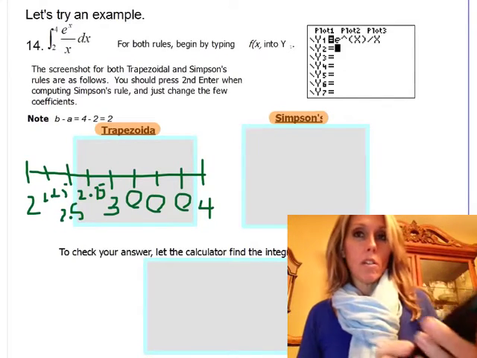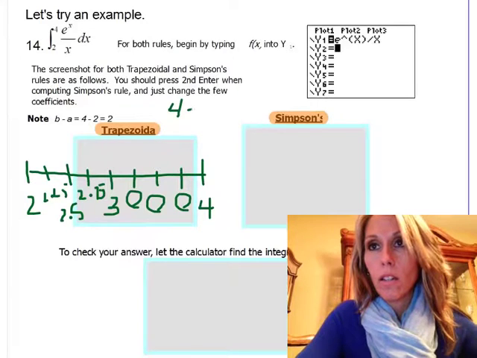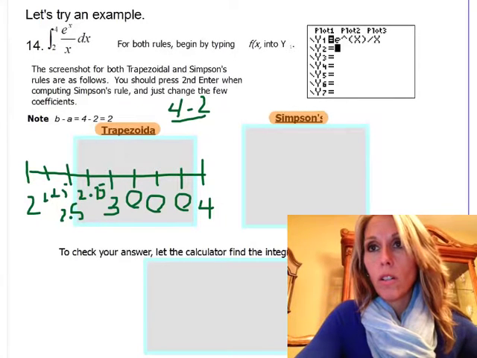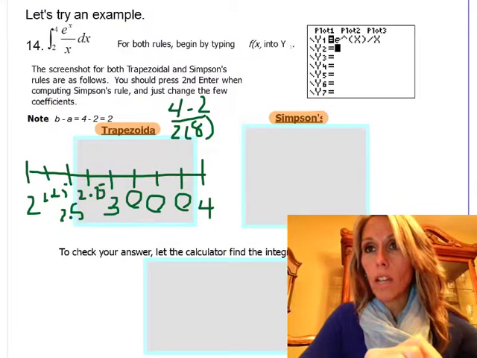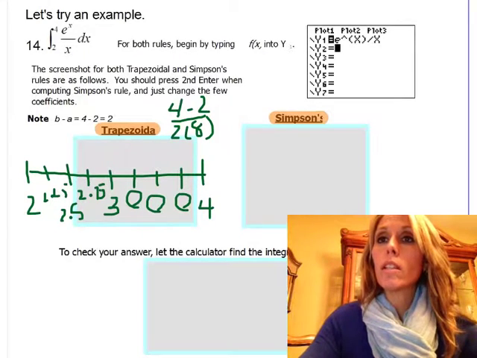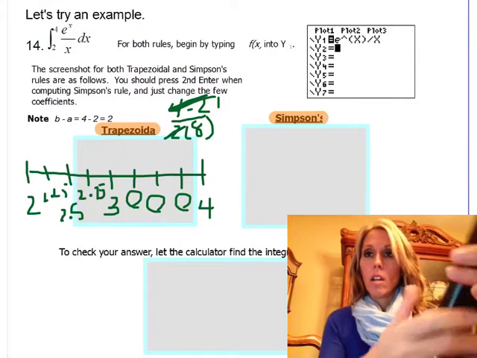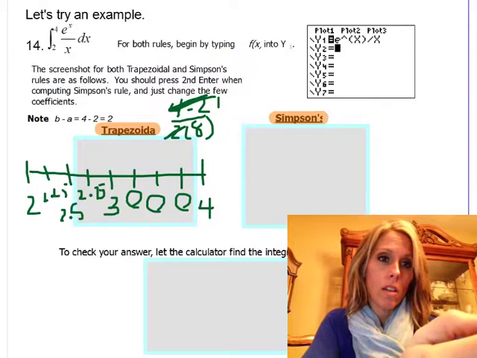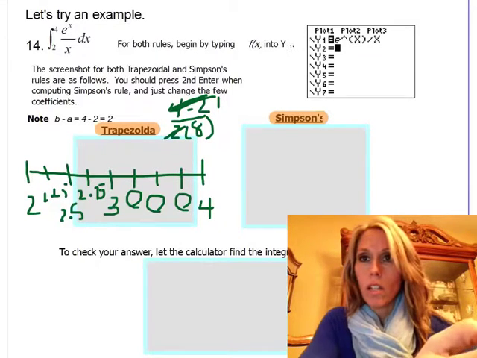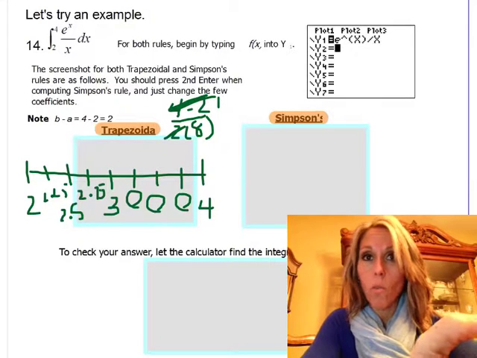So what am I going to do? I'm going to start with my b minus a over 2n, and that's what's going to go on the outside. And this is going to give me a 2, and this is a 2, so they cancel out. So now I am left with a 1/8 on the outside times f of, and I have the function stored in y1.